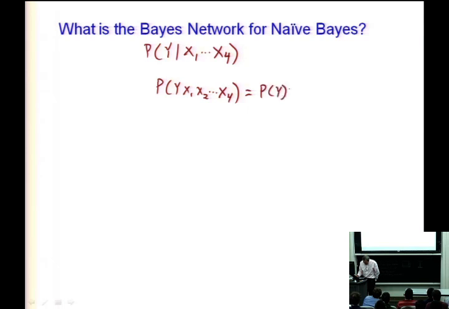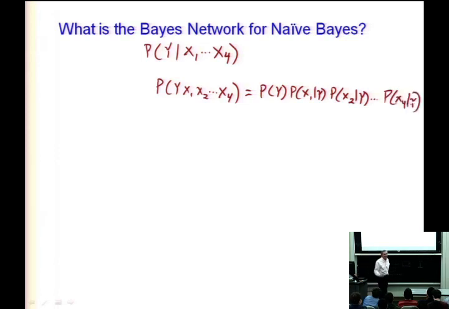Right. It's P of y times the product of P of x i given y. That's our assumed factorization of the joint distribution. So what does that mean the Bayes net would be?